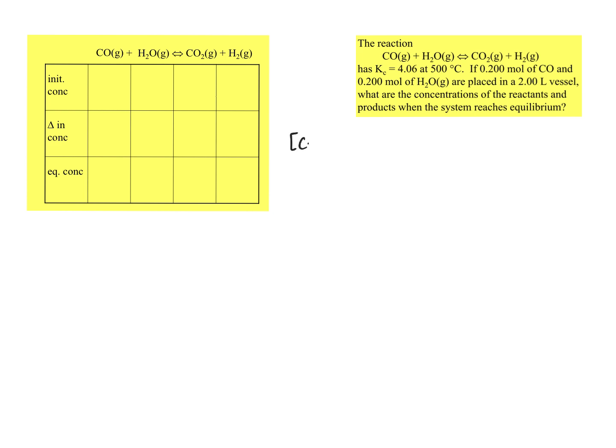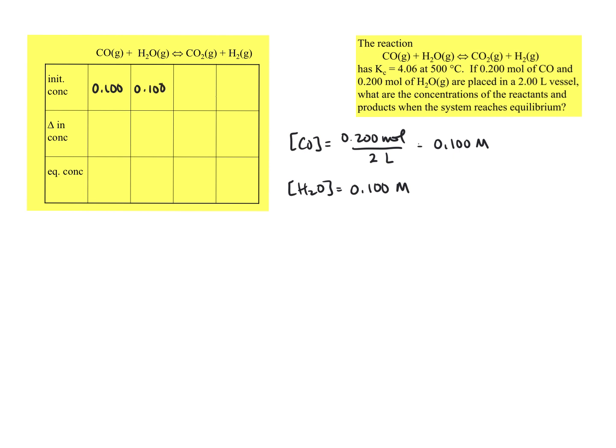So that means that the CO concentration equals 0.20 moles over 2 liters, and that's going to be 0.10 molarity. And that's going to be the same thing for the H2O as well, 0.100 molarity.